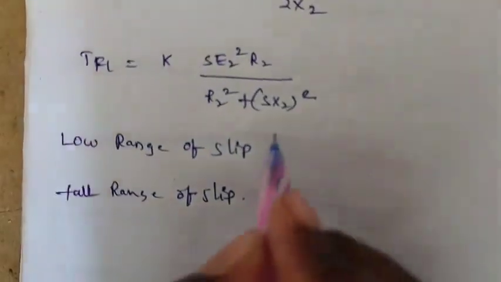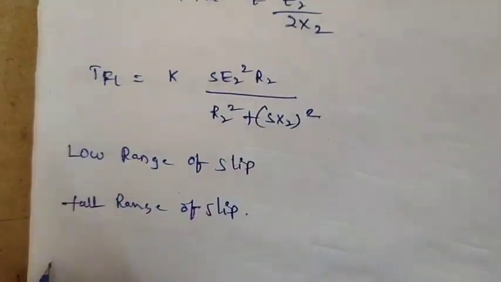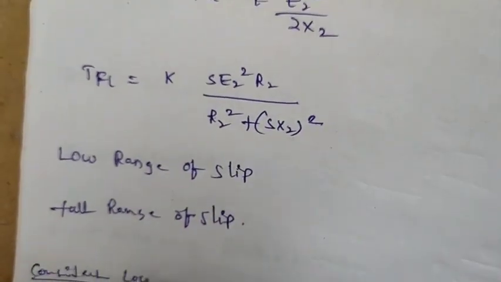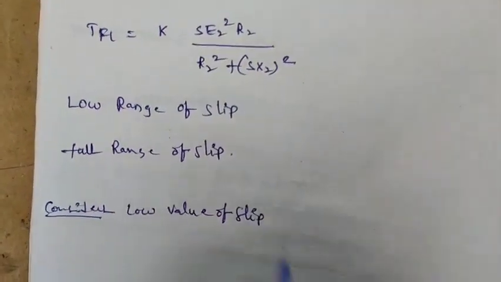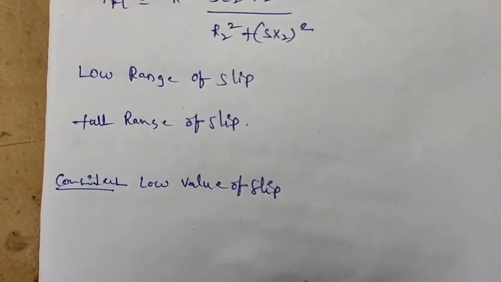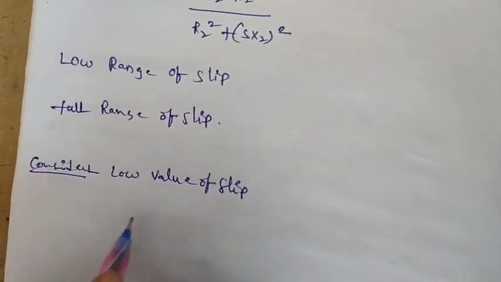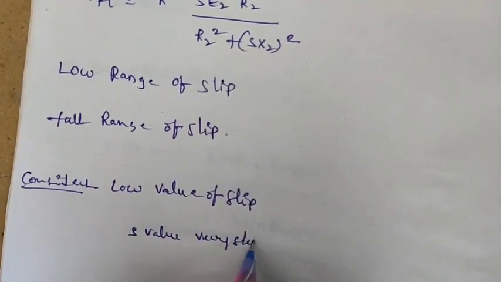In low range of slip, the S value is somewhat less. So consider a low value of slip, where the S value is very less.